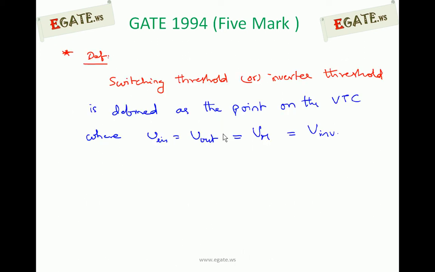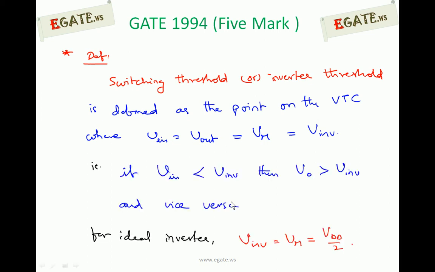So we can define the switching threshold or inverter threshold as a point on the voltage transfer characteristics at which V input is equal to V output, that is nothing but V inversion. It is also called VM. So this is the meaning of switching threshold point.